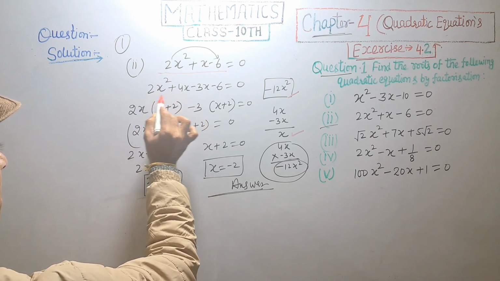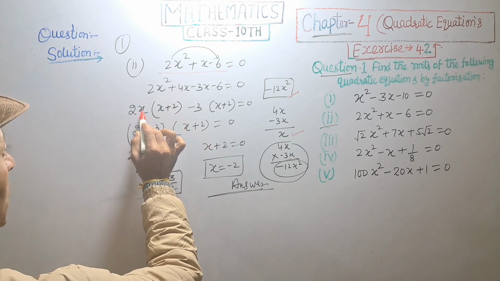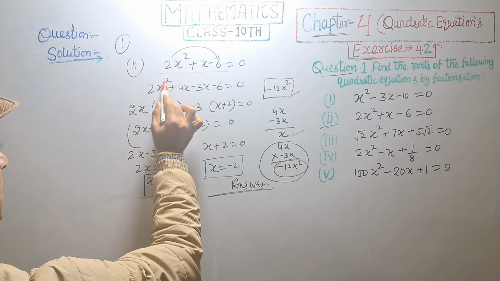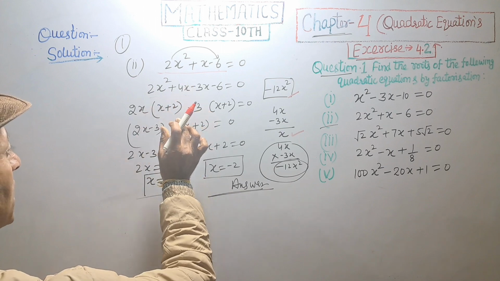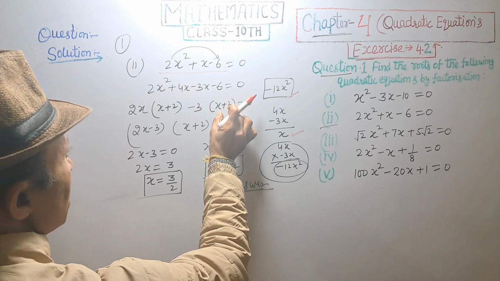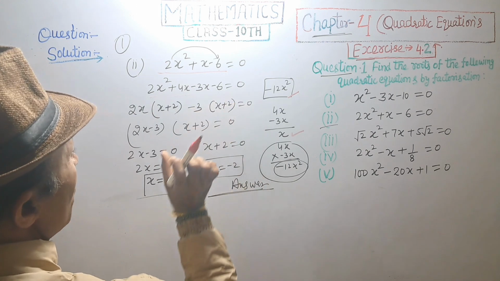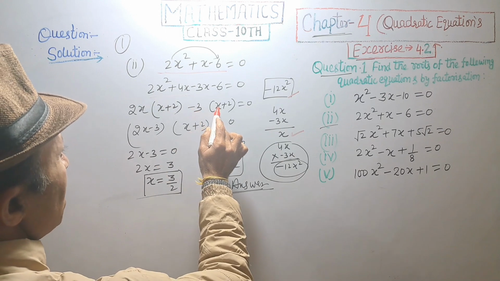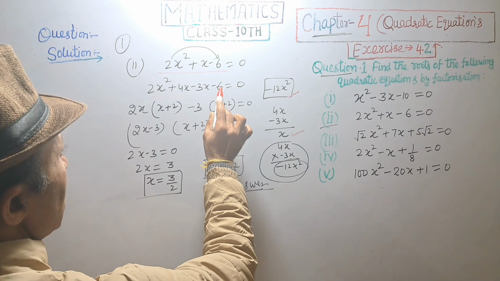2x is common, and in bracket x plus 2. 2x multiplied by x equal to 2x square, and 2x multiplied by 2 equal to 4x. So x plus 2 in bracket, same in this bracket, x plus 2, and 3 is common. Minus 3 multiplied by x is minus 3x, minus 3 multiplied by 2 is minus 6.